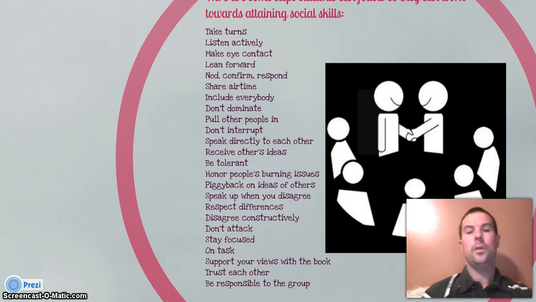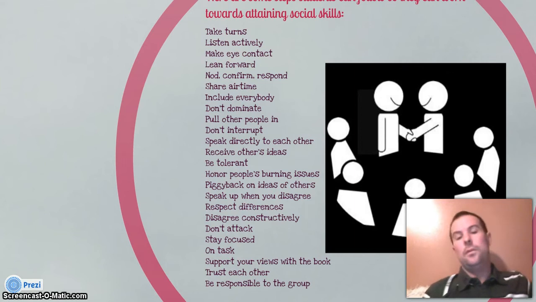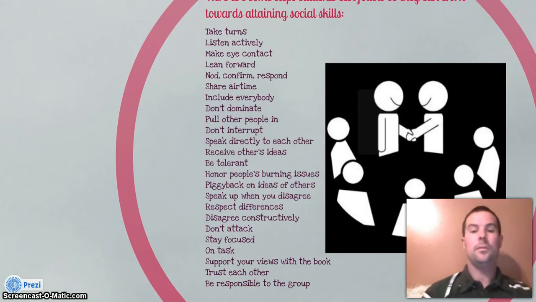Honor people's burning issues, piggyback on ideas of others, speak up when you disagree, respect differences, disagree constructively, don't attack, stay focused, on task, support your views with the book, trust each other, be responsible to the group.